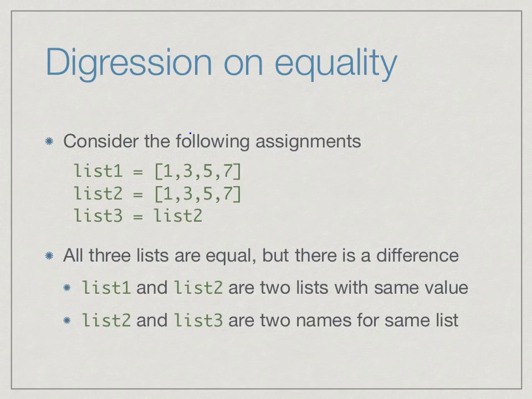There is exactly one list to which they are both pointing. So if we update list3 or we update list2, they will continue to remain equal. Right? So there are two different notions of equality: whether the value is the same, or whether the actual underlying object that we are referring to by this name is the same. In the second case, updating the object through either name is going to result in both names continuing to be equal.